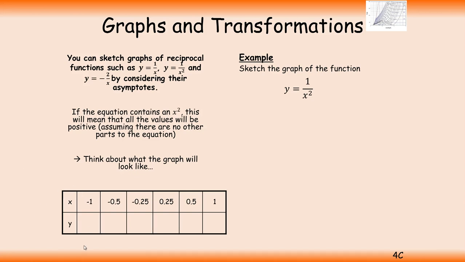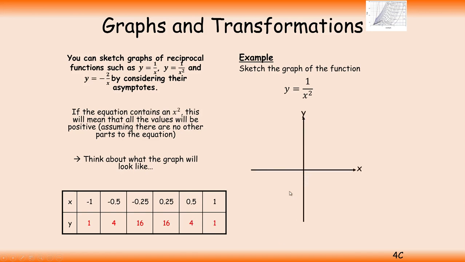So we should have 1. So it's 1 over 0.5 squared, which is 1 over a quarter, so that should be 4. 1 over a quarter squared, just 1 over 16, so it should give us 16. 16 again, 4 and 1.